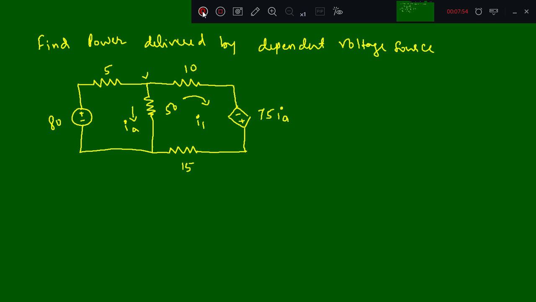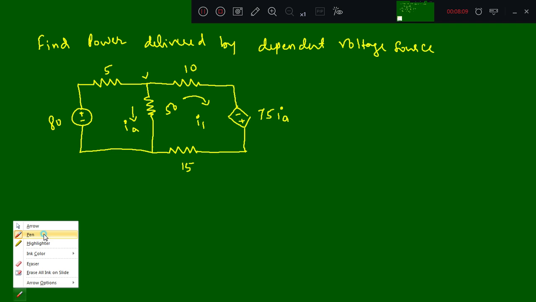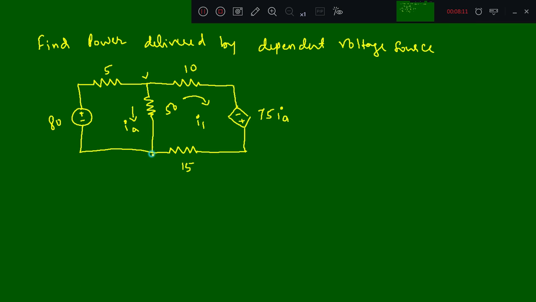Next one is to find the power delivered by the dependent voltage source, and the circuit diagram is given. First I will define the reference node. This node I will make the reference node. Then here I will define V1 as the voltage.